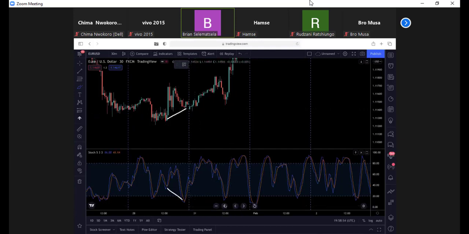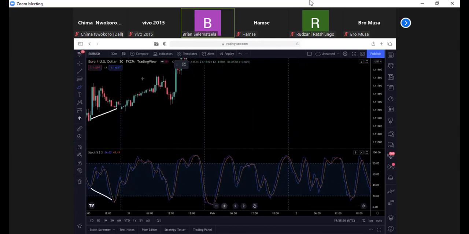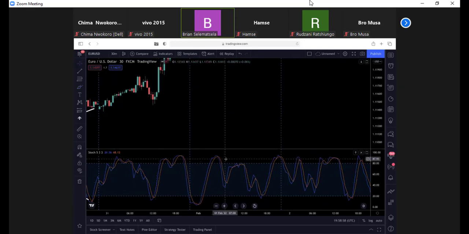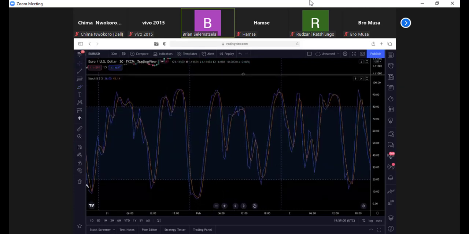So immediately, when you guys see the stochastic, it ranges from 0 to 100, and from 0 to 20 it means that the market is oversold.